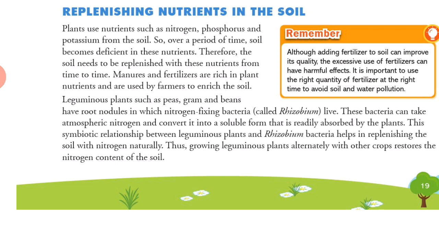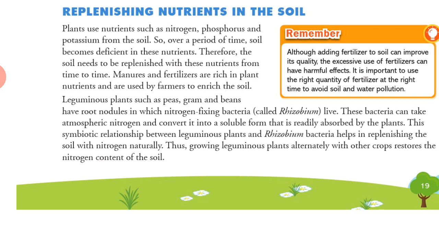Manures and fertilizers are rich in plant nutrients and are used by farmers to enrich the soil. Leguminous plants such as peas, gram, and beans have root nodules in which nitrogen fixing bacteria called rhizobium live. These bacteria can take atmospheric nitrogen and convert it into a soluble form that is readily absorbed by the plants.